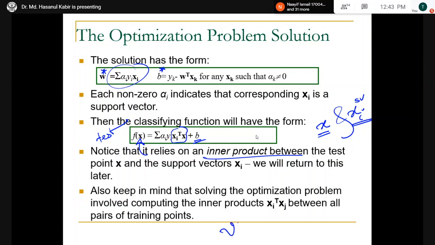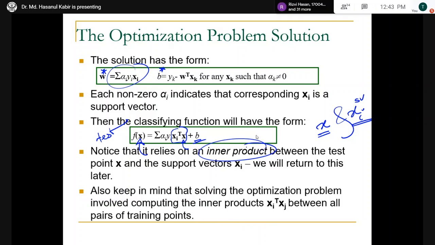Let's say U dot V. If you want to compute the dot product and they are normalized, we can simply write U transpose V, right? So what are we computing here? We are computing the support vector transpose the test sample X. So don't you think we have simply computed the dot product, or inner product?